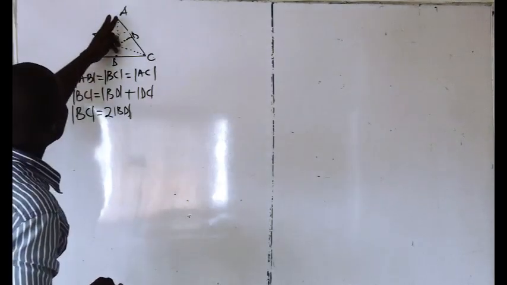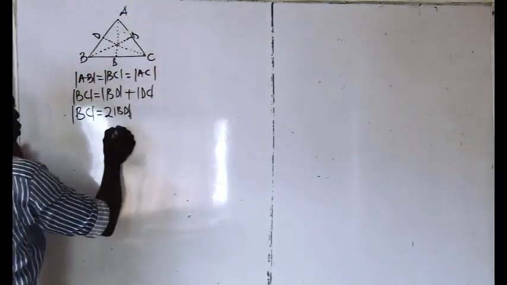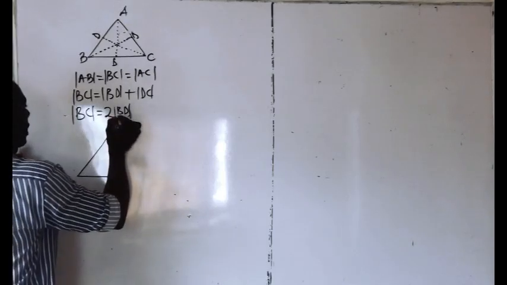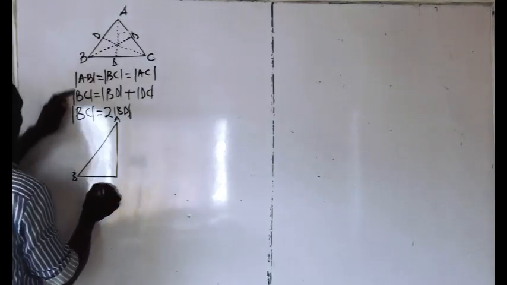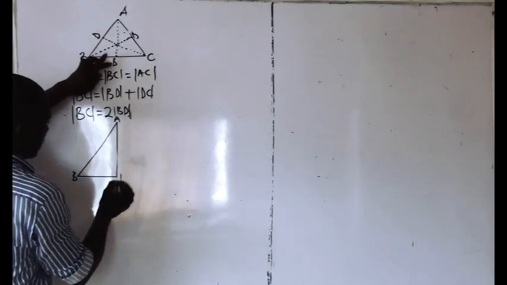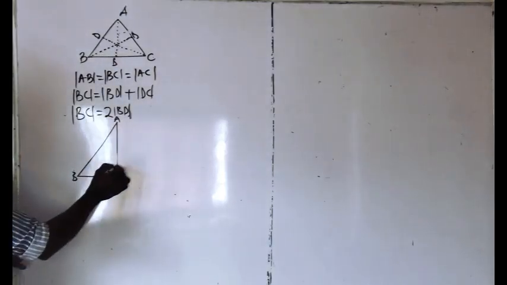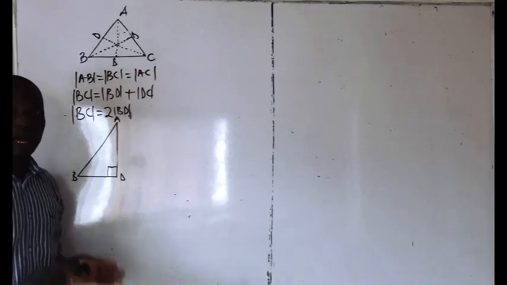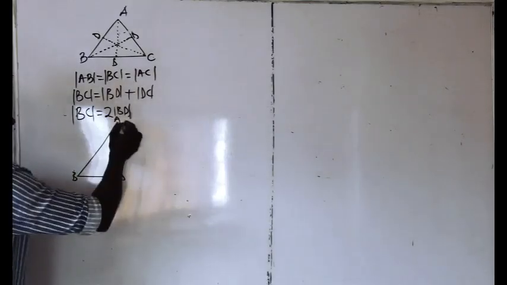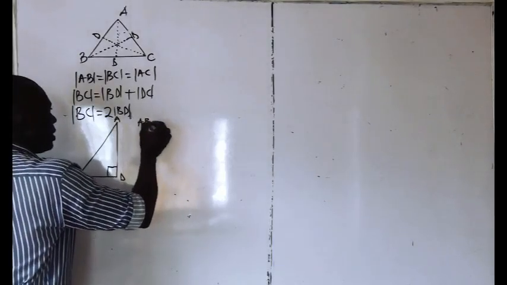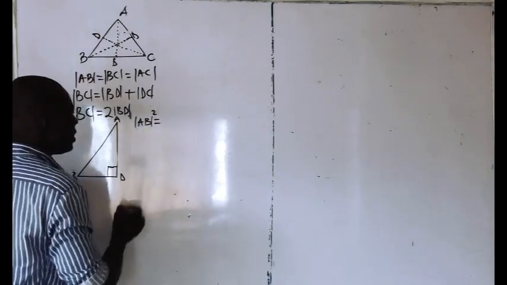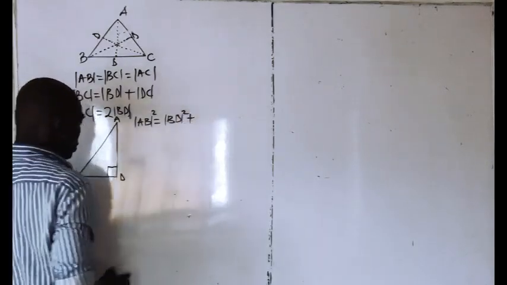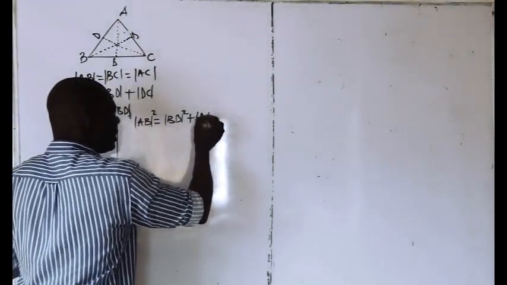Alright, so assuming we decide to cut out one part of this triangle, let's assume I'm bringing this out. Here is A, here is B, and here is D. Now this triangle here is a right angle triangle, and by Pythagoras' theorem, the length AB square is equal to the sum of the length BD square plus the length AD square.